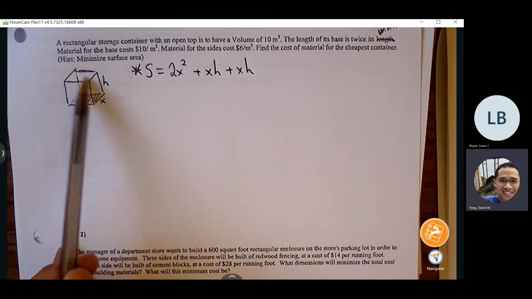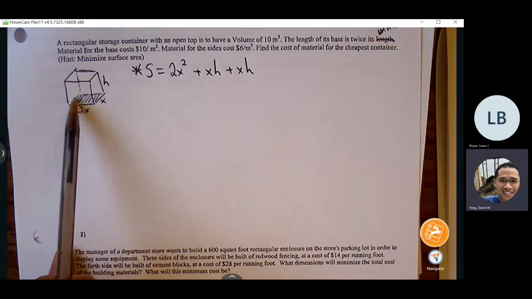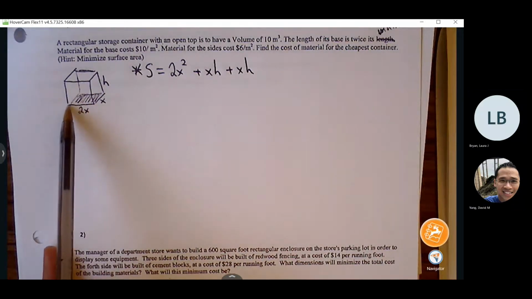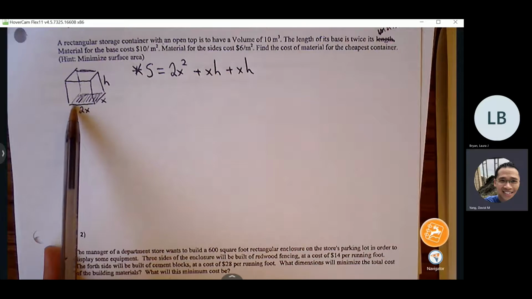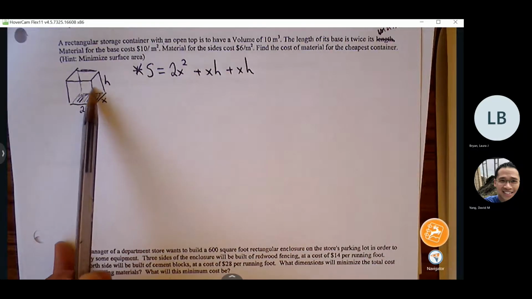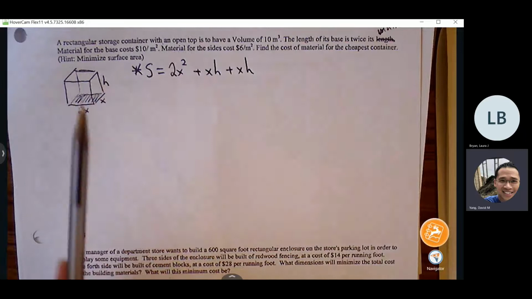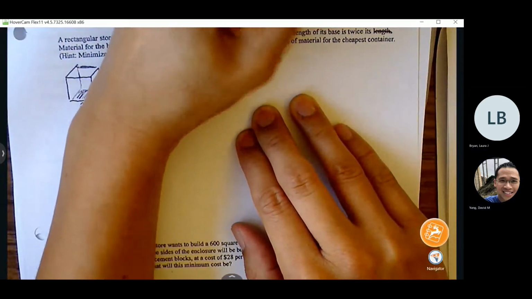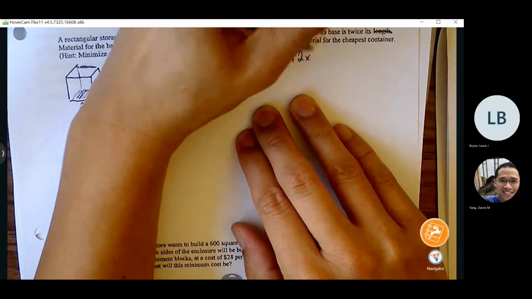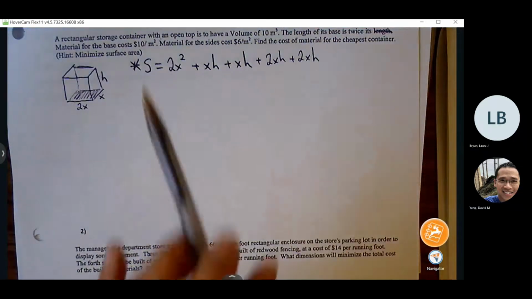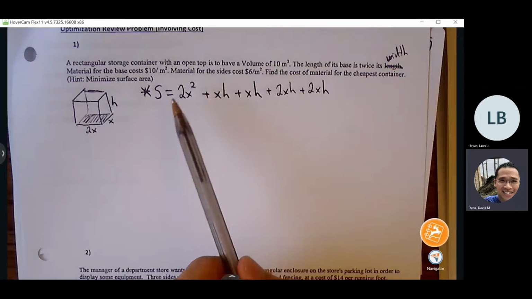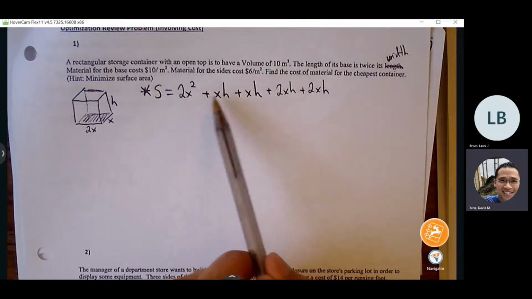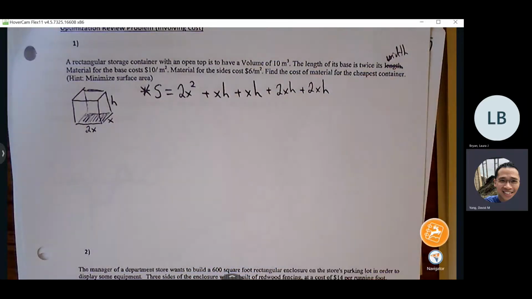Okay, what about the front-facing sides? It's going to be 2x times h. Yeah, 2x times h, right? Because it's going to be rising up vertically. Okay, so we have each of the areas accounted for. 1, 2, 3, 4, 5, right? 5 sides.